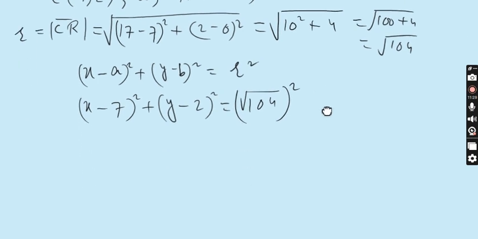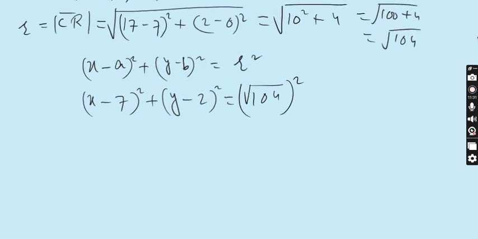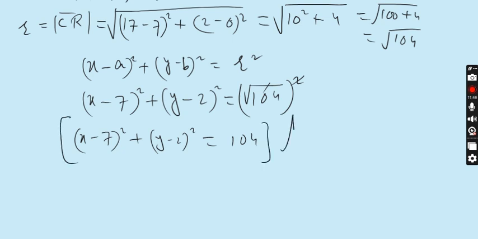Hence our final answer of part A is (x minus 7) square plus (y minus 2) square is equal to 104, square and root cancel. This is the answer of part A. Hope you understand.